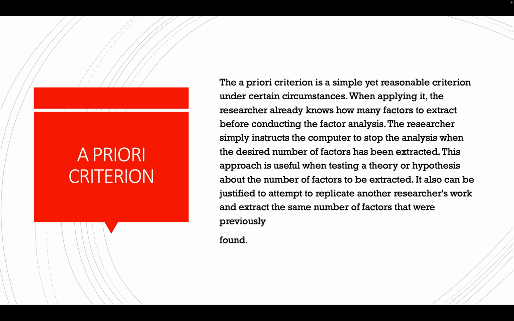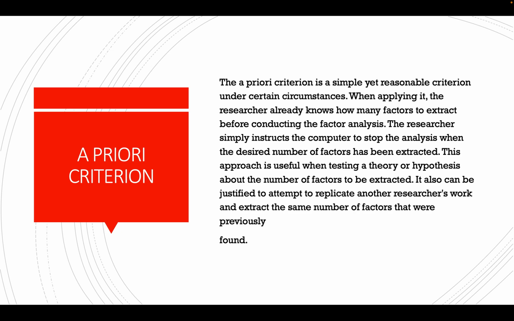Let's talk about the a priori criteria. The a priori criteria is a simple yet reasonable criteria under certain circumstances. When applying it, the researcher already knows how many factors to extract before conducting the factor analysis.